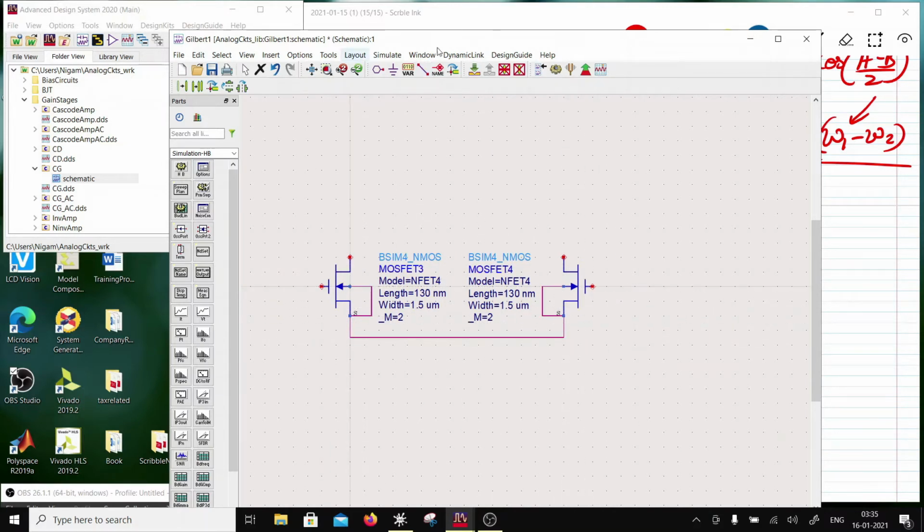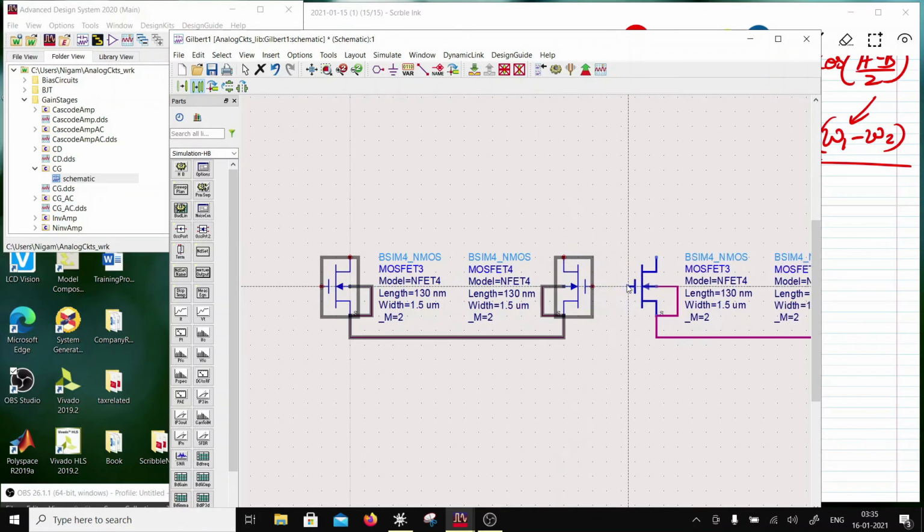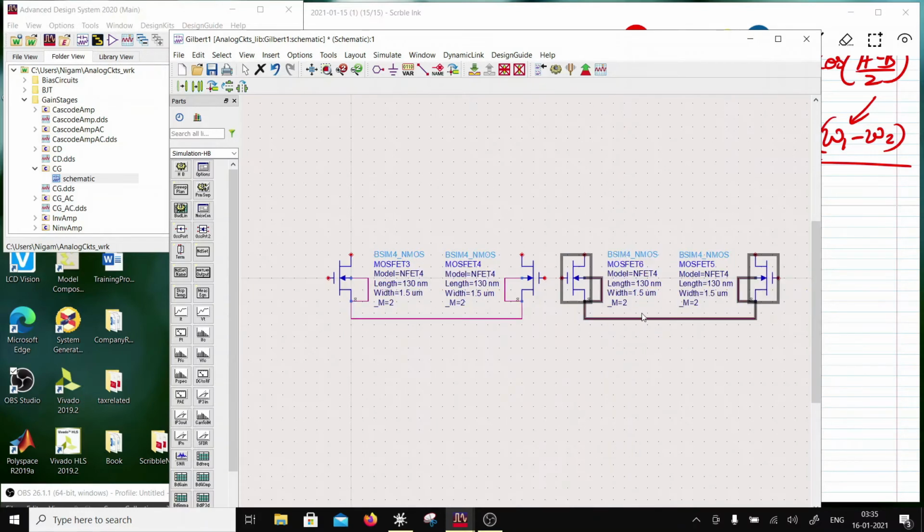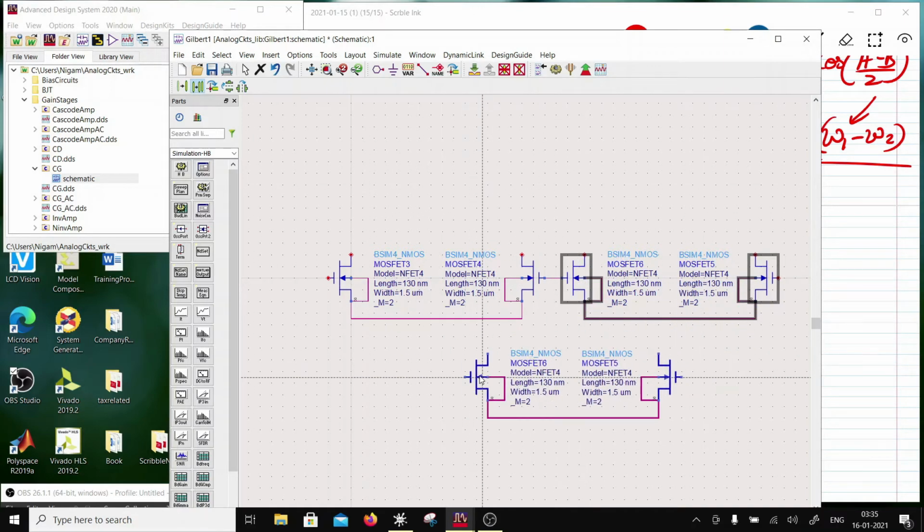And then I have another translinear cell which would be connected over here like this. And then I have a third translinear cell which would be at the bottom. So this is the third translinear cell, which is at the bottom.